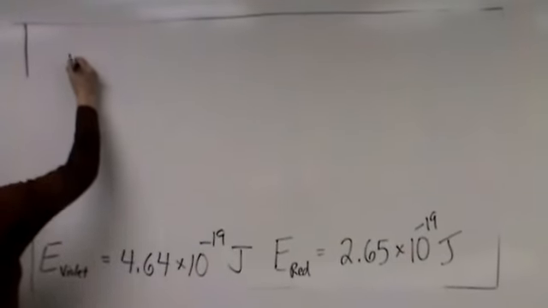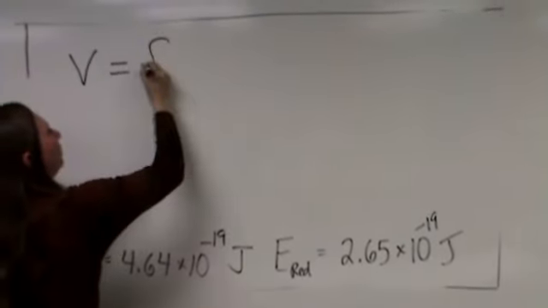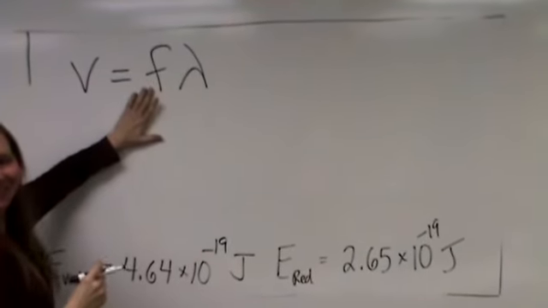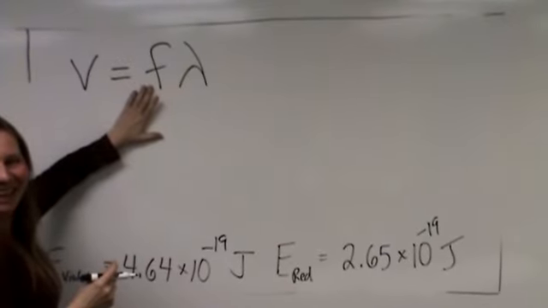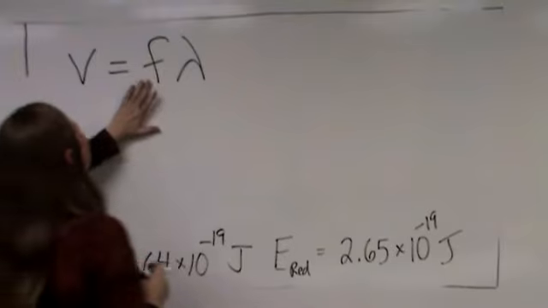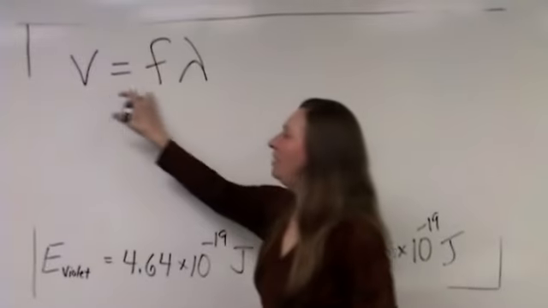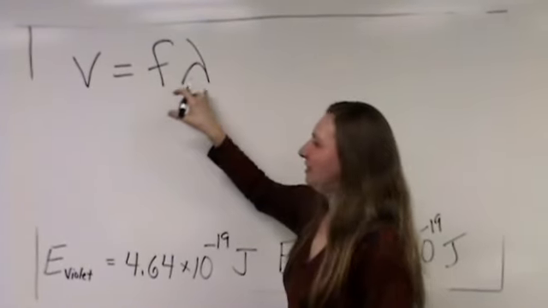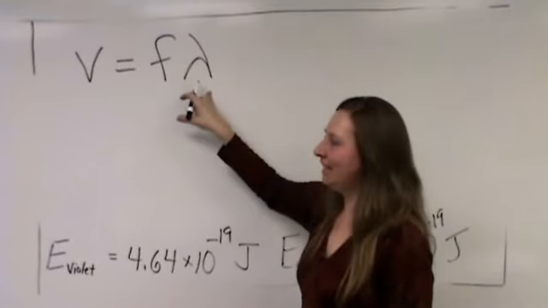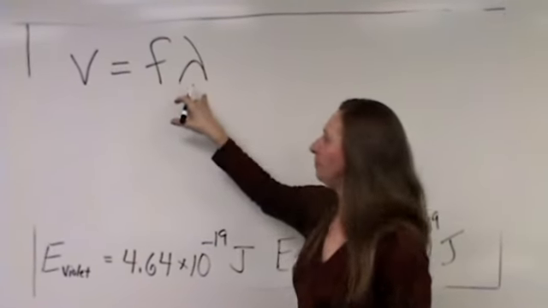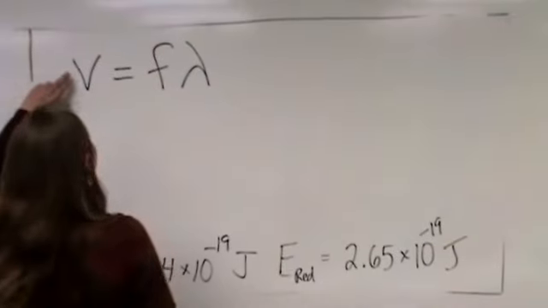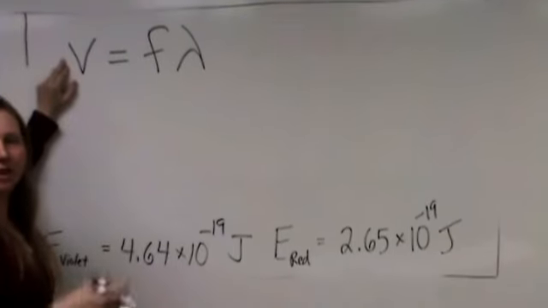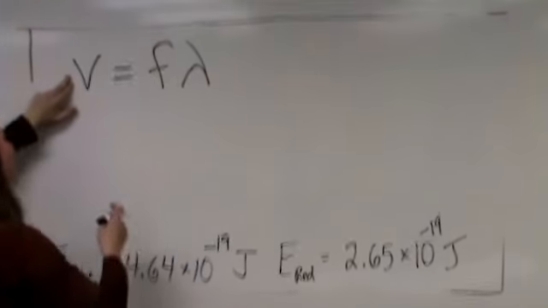We can use the equation v equals f times lambda to calculate the wavelength of violet light and the wavelength of red light. Now, the speed of light would have to be c, 3 times 10 to the 8th meters per second.